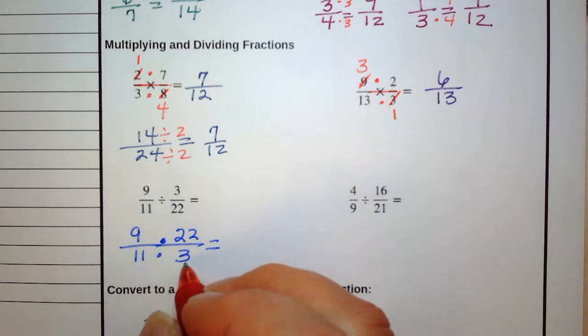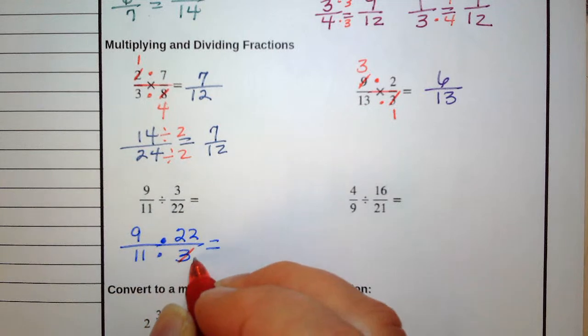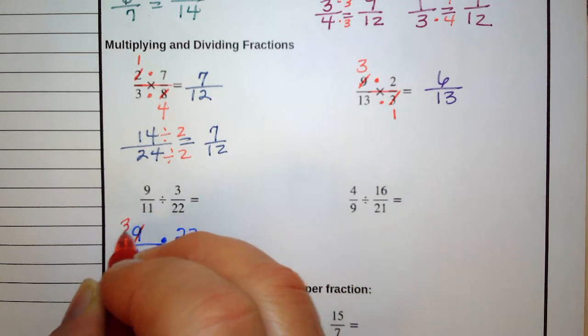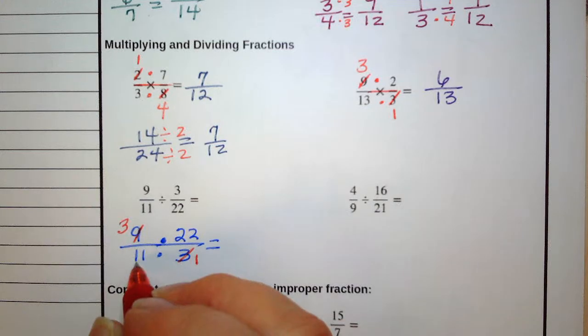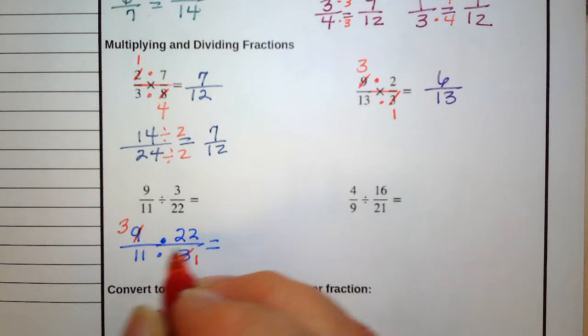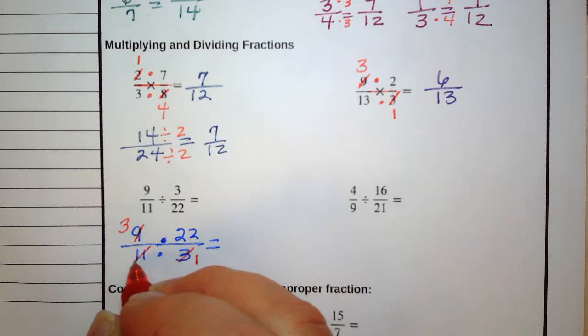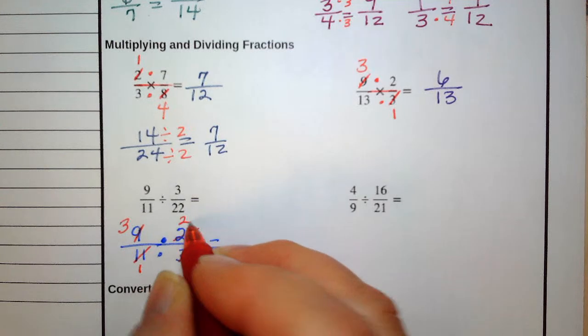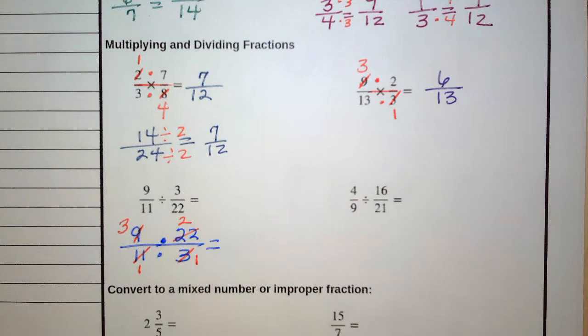Yes. 3 goes into 9 3 times. 3 divided by 3 is 1. 9 divided by 3 is 3. 11 goes into 22 2 times. 11 divided by 11 is 1. 22 divided by 11 is 2. Now, in my denominator, I've got 1 times 1.